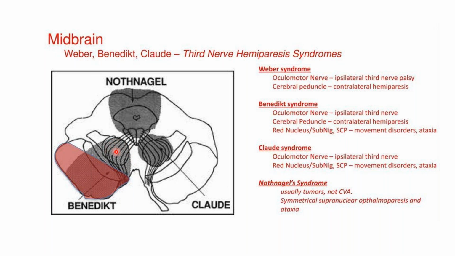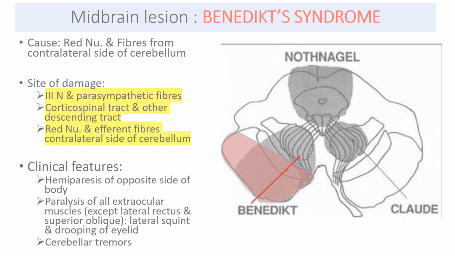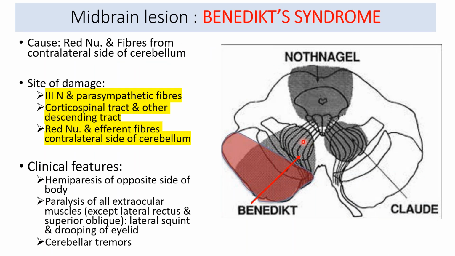In the Benedict syndrome, what happens is this is the red area of the red nucleus, and the fibers from the contralateral side of the cerebellum are involved. So basically the third nerve, the red nucleus, corticospinal tract are all injured.